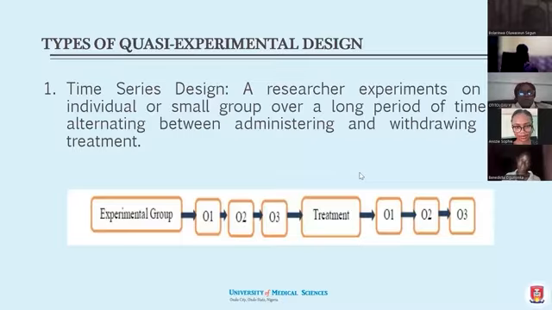It's every 2 months that you give the treatment, then you take your findings, then you give another period of 2 or 3 months, then you give another treatment, then you take your measurement. It's usually a study taking a long period of time, just like a longitudinal study anyway. So that is time series.